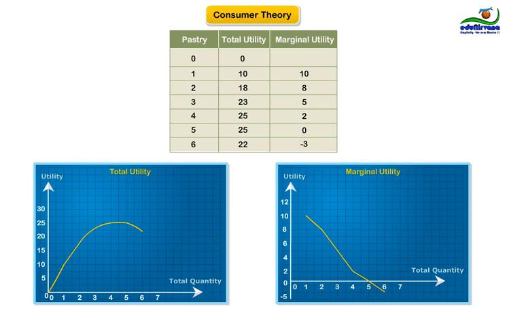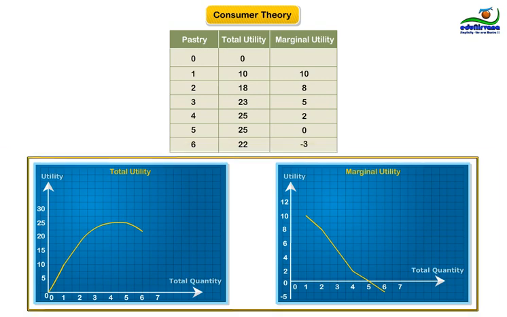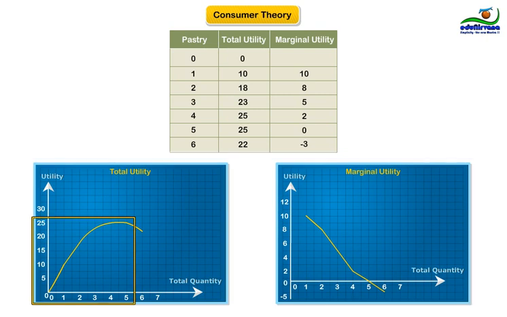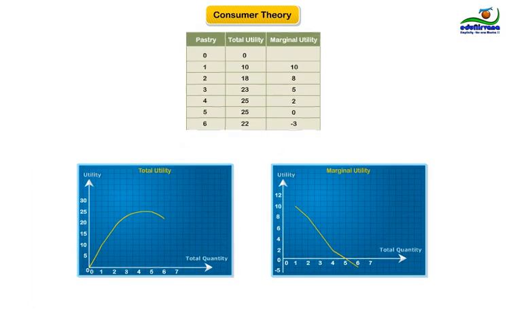As can be seen, when the same product and service is consumed again and again, total utility increases initially. The incremental increase in the utility, that is marginal utility, generally decreases over time. Beyond a point, the marginal utility becomes negative. This is when the total utility starts decreasing.